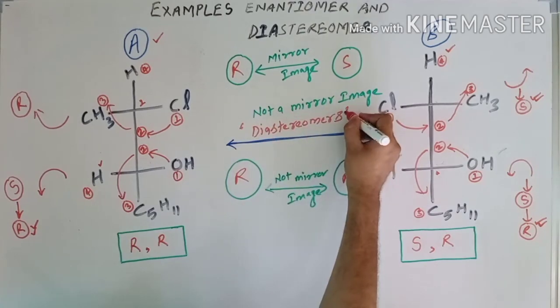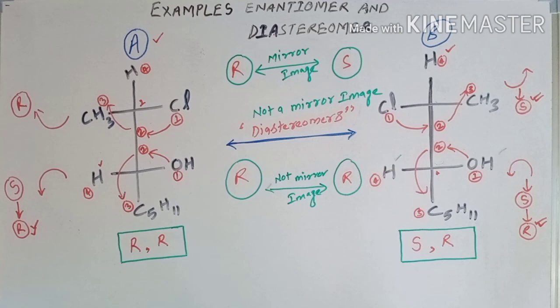And this is exactly the definition of diastereomers. Diastereomers are those isomers which have same configuration on some carbon, but on some carbon they have different configuration. Means diastereomers are those isomers which have similar configuration on some of its atoms or some of its carbons, but other carbons of those molecules have different configuration.